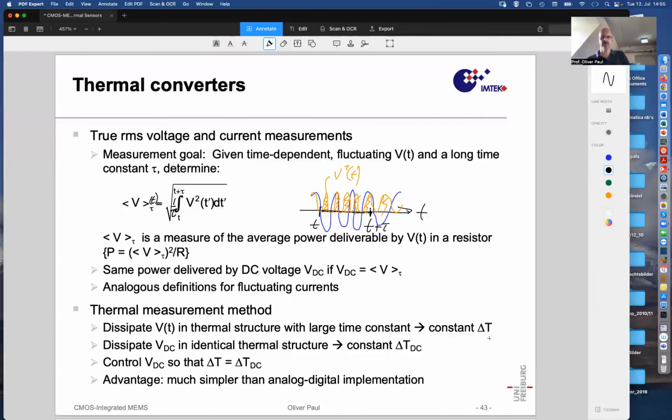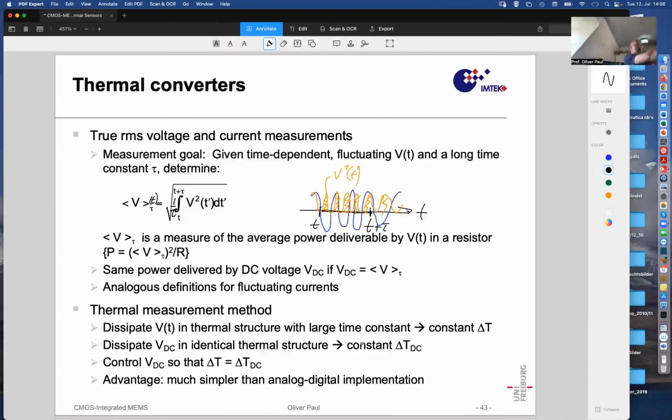And if that time constant is large enough, if the V of t fluctuates fast enough, the temperature of this thermal structure will be essentially constant, corresponding to the average power that's being dissipated. And then one can have a similar structure, hopefully a similar microstructure, that is fed with a DC voltage, and that will also heat up that other structure.